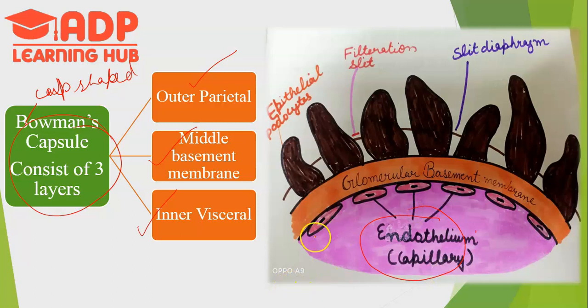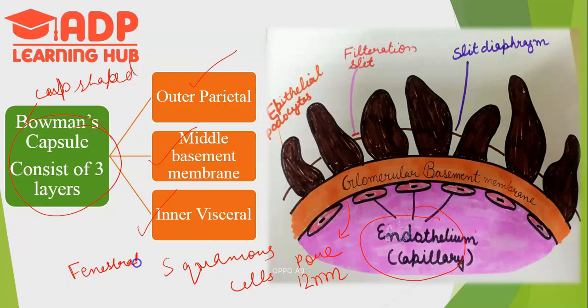these endothelium squamous cells at their wall, and these squamous cells have pores of about 12 nanometers, and these pores are known as fenestration.